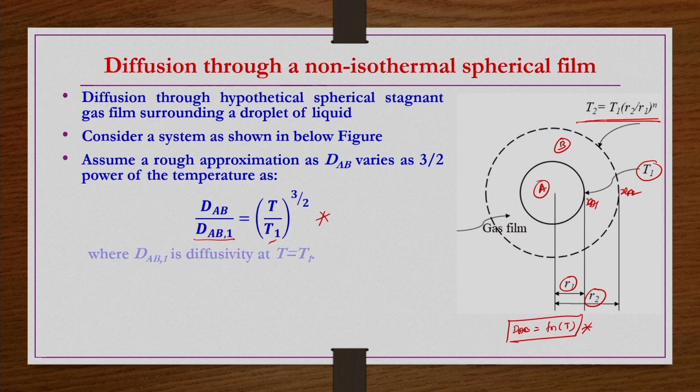Then further, if you wanted to know about applications, in general we have drying of droplets. When drying of droplets takes place, usually the size of the droplet decreases as some of the components of the droplet are evaporating. That is in general possible, but in this case we are taking the droplet radius as fixed.